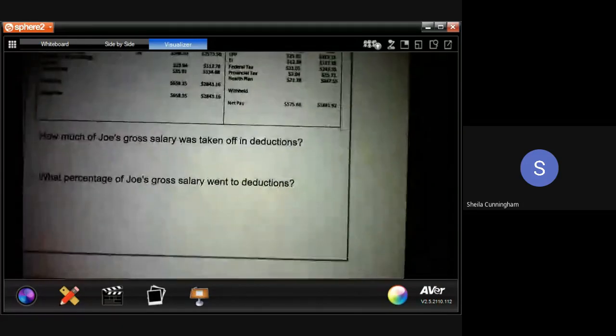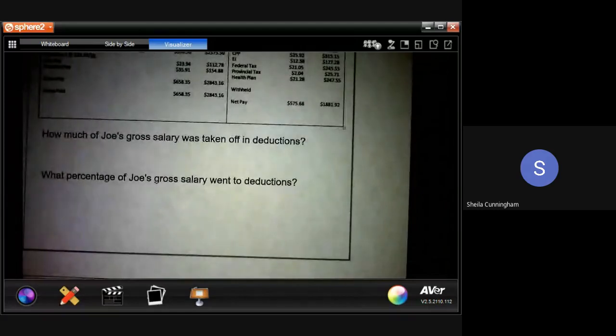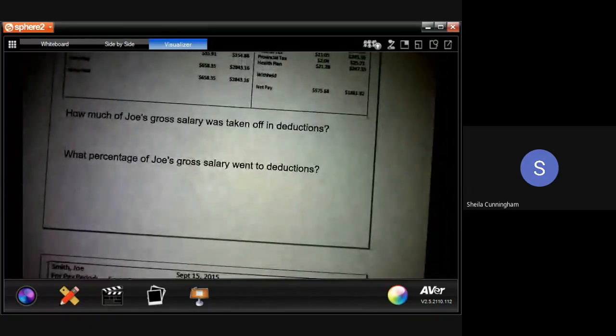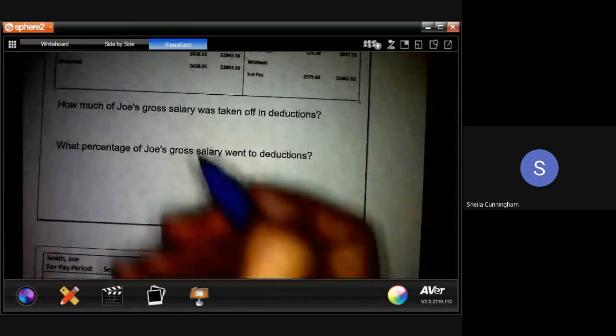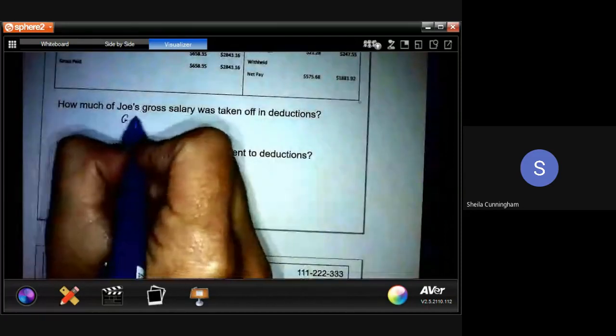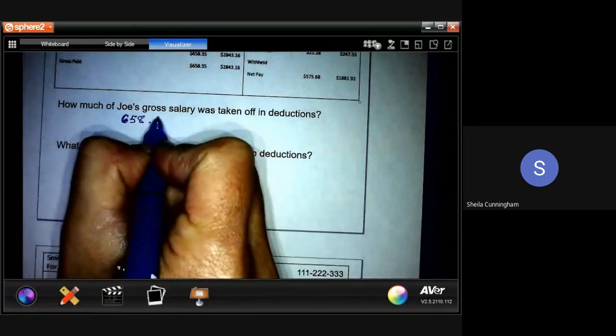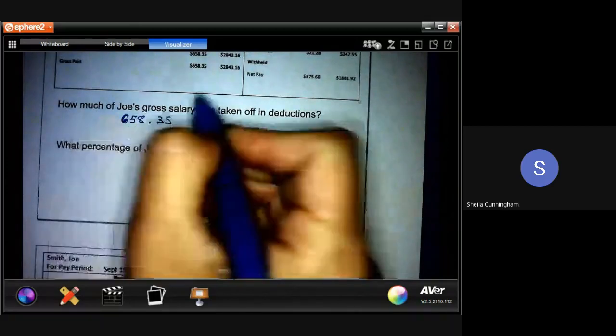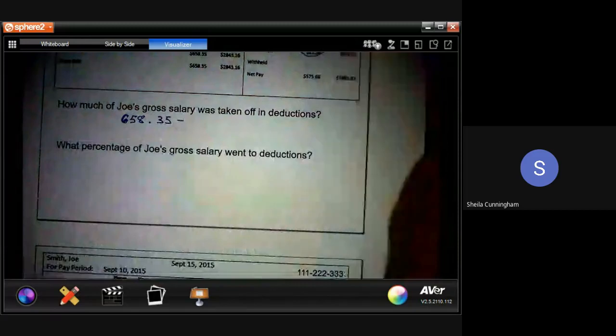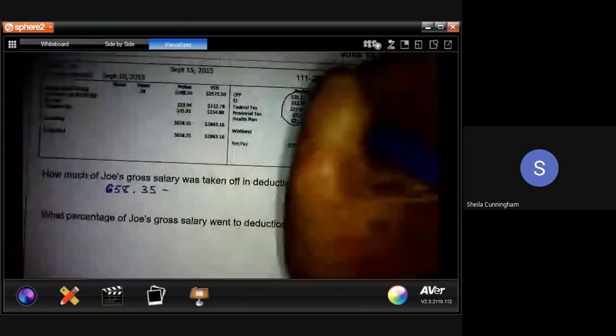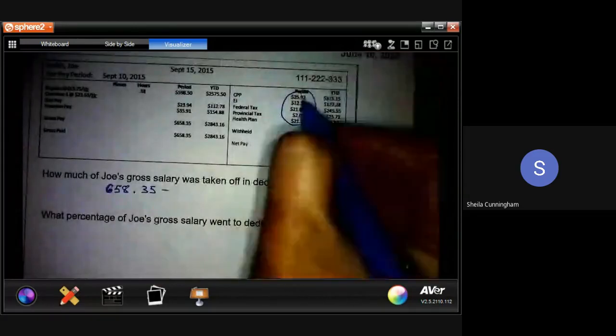So we kind of answered a bit of the next one where it says how much of Joe's gross salary was taken off in deductions. Well, we kind of did that already. If this was his gross salary, we took all these deductions right here and added them all up.